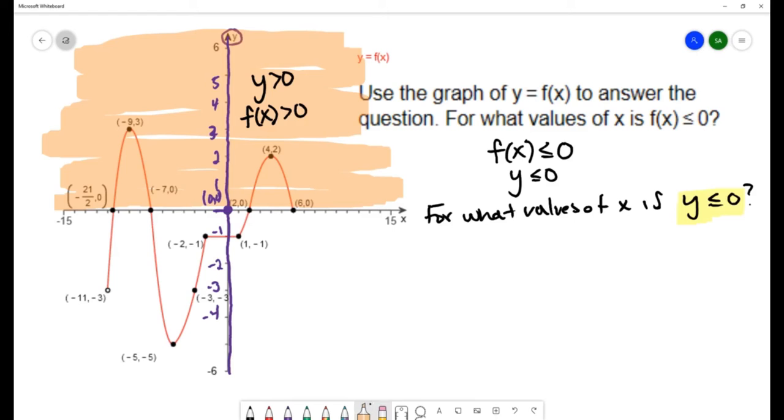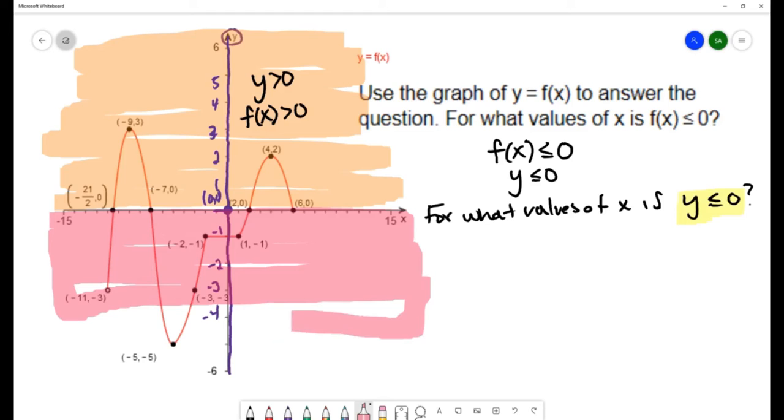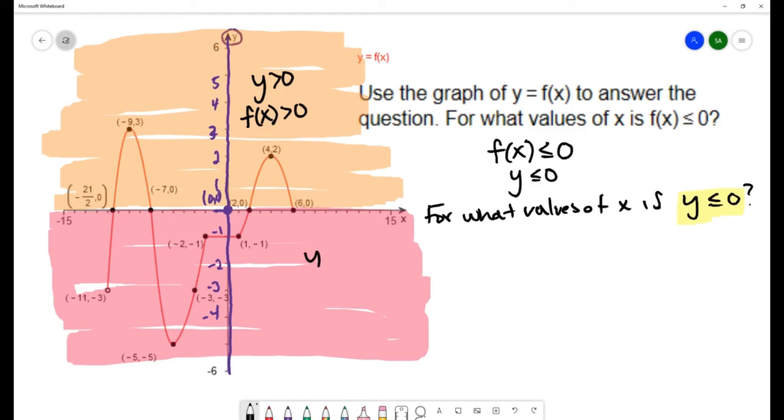And then everything below the x-axis on our y scale will be negative, and that is less than 0. So y will be less than 0, or we can say f of x is less than 0.